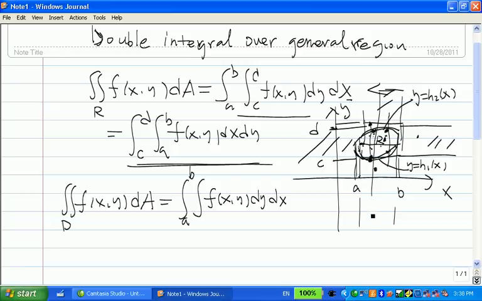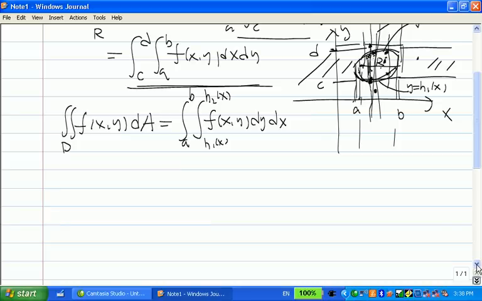So for any x between a and b, all the points inside have y bigger than h1 of x and smaller than h2 of x. When x runs from a to b, you get all the points. So for a region that is not a rectangle, we can do this.